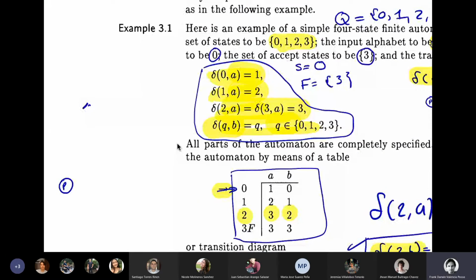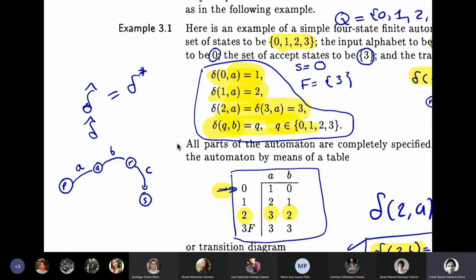So we have P, and let's say we have Q, and R, and S. And this will be, let's say, A, B, C. I'm going to change the name right now to delta hat, which is the same as delta star.